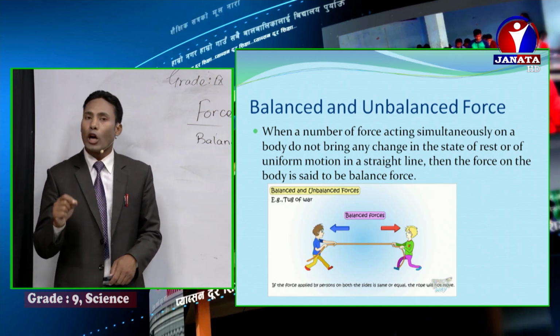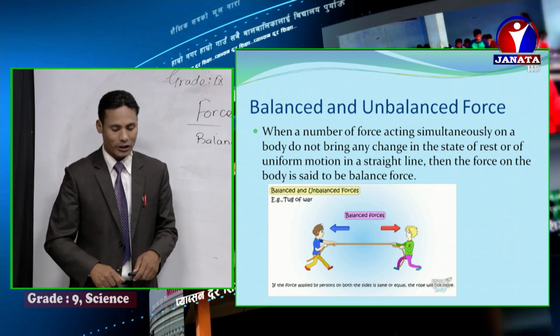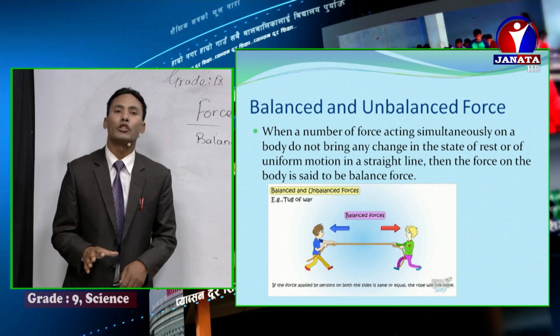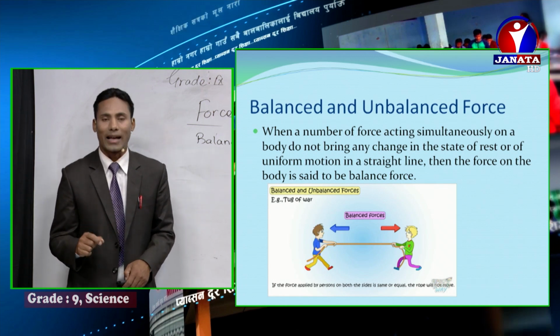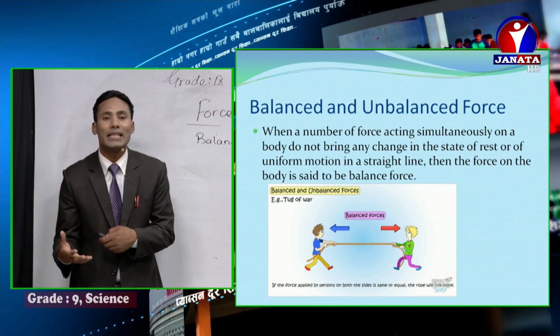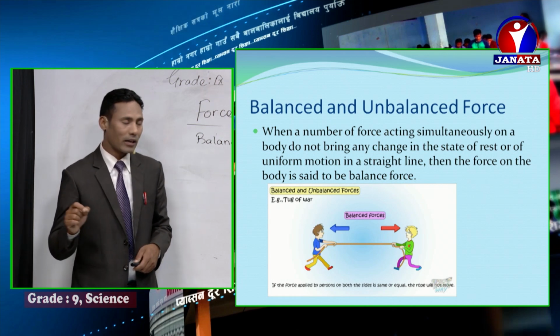So when we apply force on any object simultaneously, if it does not bring any kind of change in the state, then that kind of force is called the balanced force. I have already given the example.